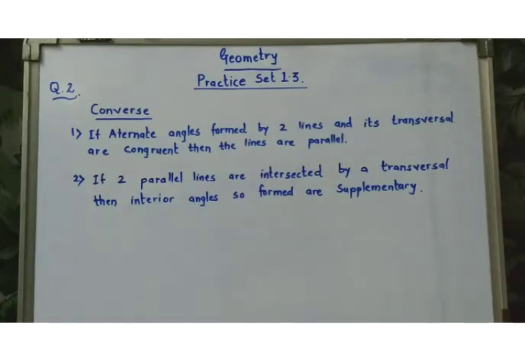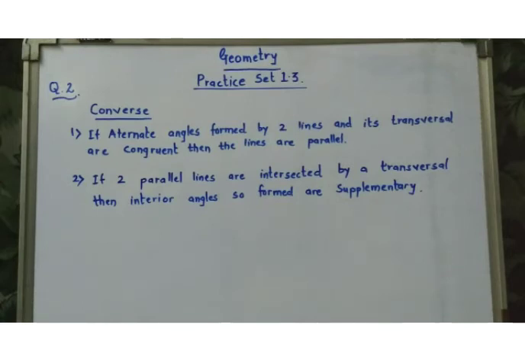The first statement is, the alternate angles formed by two parallel lines and the transversal are congruent. So what I will write is, if the alternate angles formed by two lines and its transversal are congruent, alternate angles, Z-shaped angles, then the lines are parallel.